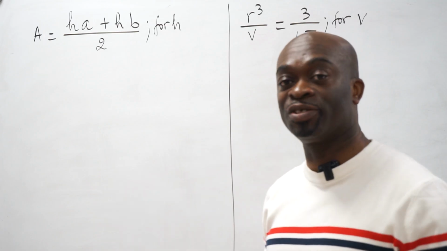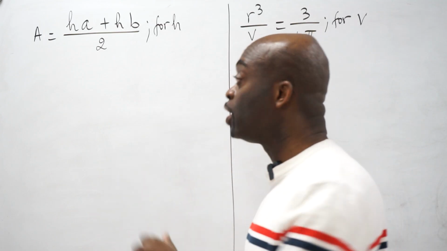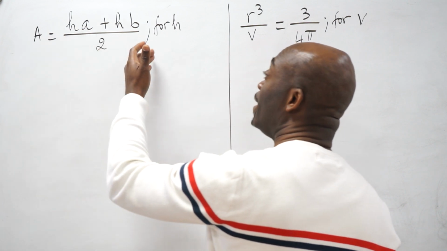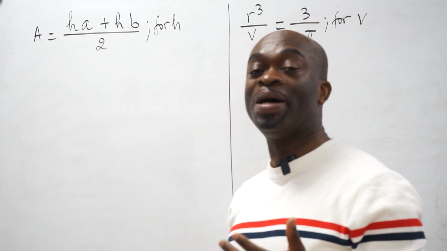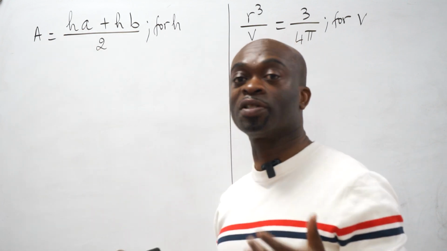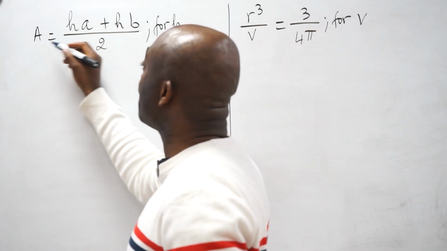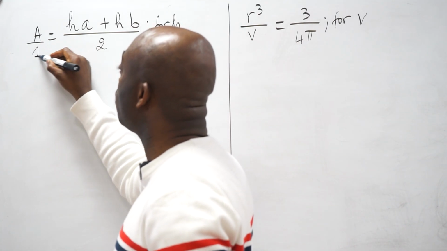Anytime, ladies and gentlemen, you get problems like this, where you have some entity on the left side and another entity on the right side, the best thing to do is to cross multiply them, okay? To cross multiply, you can put this a over 1.